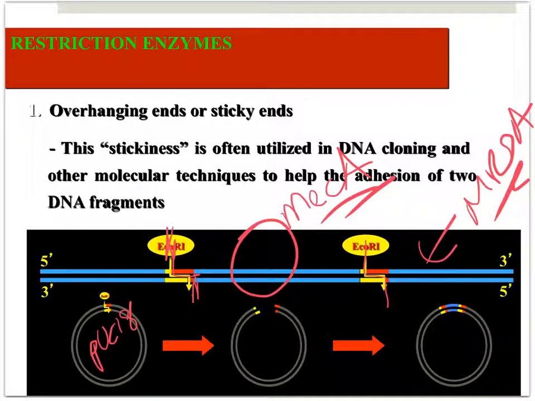I use EcoR1 to digest the plasmid. I use EcoR1 to digest my genome fragment. So in this case there is the MAC-A in between, you attach that fragment with your vector. So here it is attached. And then you can play with it. You can do many things. You can transfect it into E. coli, create a library, sequence it, whatever you do.